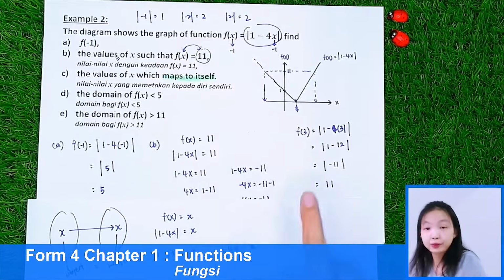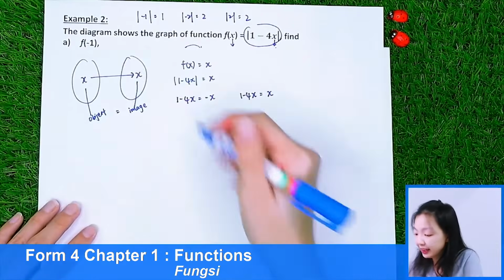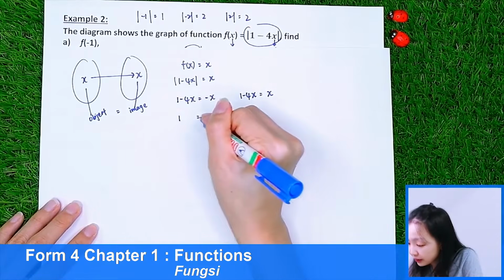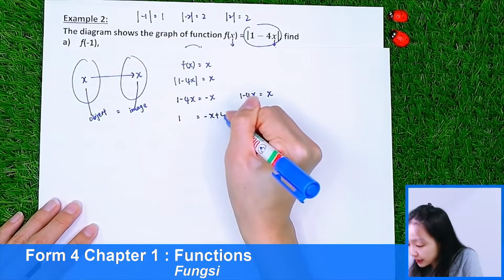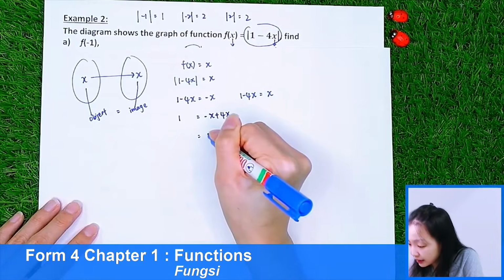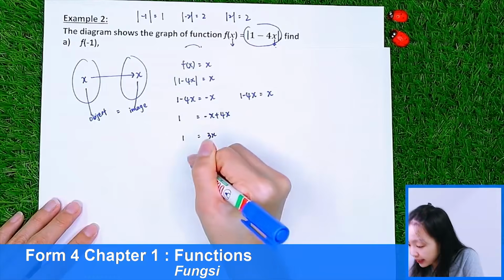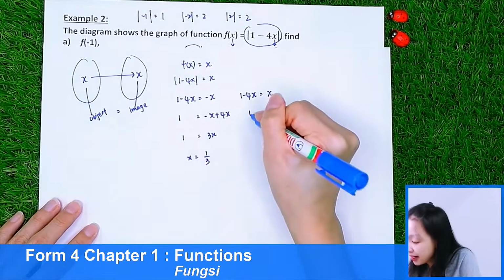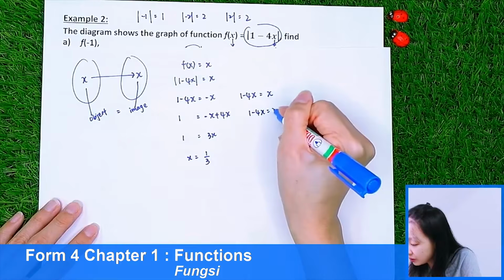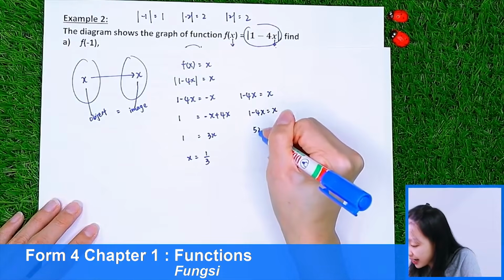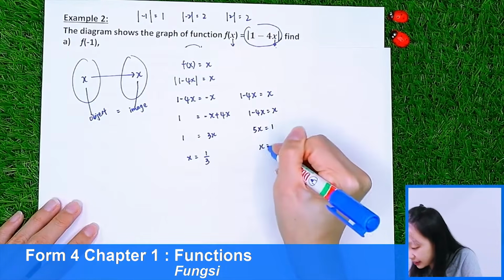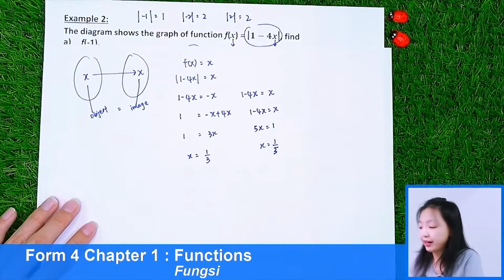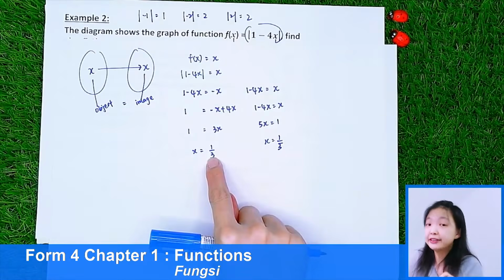Same as the way we do it here, okay? So 1 equals negative x plus 4x. So 3x equals 1. x equals 1 over 3. Then 1 minus 4x equals x. 5x equals 1. x equals 1 over 5. So there we got 2 answers for x.